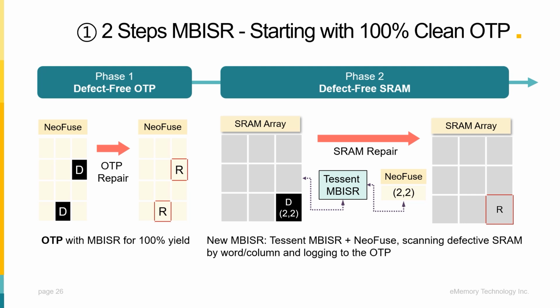We have discussed two memory repair concepts before, and I would like to emphasize it again. Phase 1 is to get a defect-free OTP. The high-capacity OTP needs to be self-repaired first for defect-free and 100% yield. Phase 2 is to have a defect-free SRAM by utilizing the Tessent tool to repair the SRAM array.